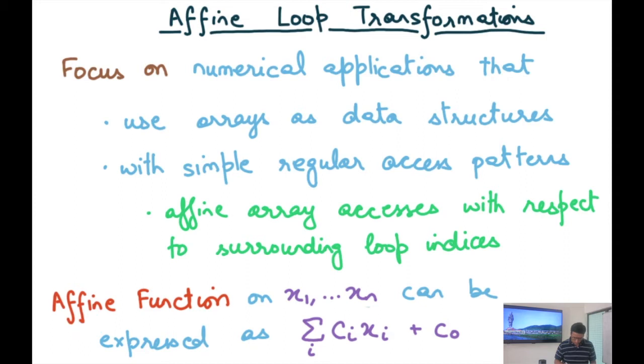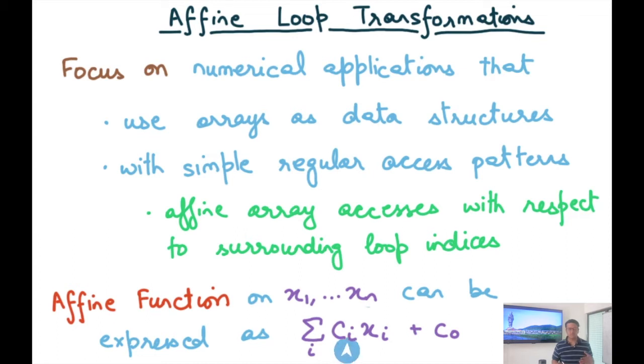So notice that the key operating word here is affine array accesses. And before we talk about this any further, we need to define what's an affine function. An affine function on variables x1, x2, ..., xn can be expressed as the summation over i of ci xi, where i goes from 1 to n, plus c0, right?